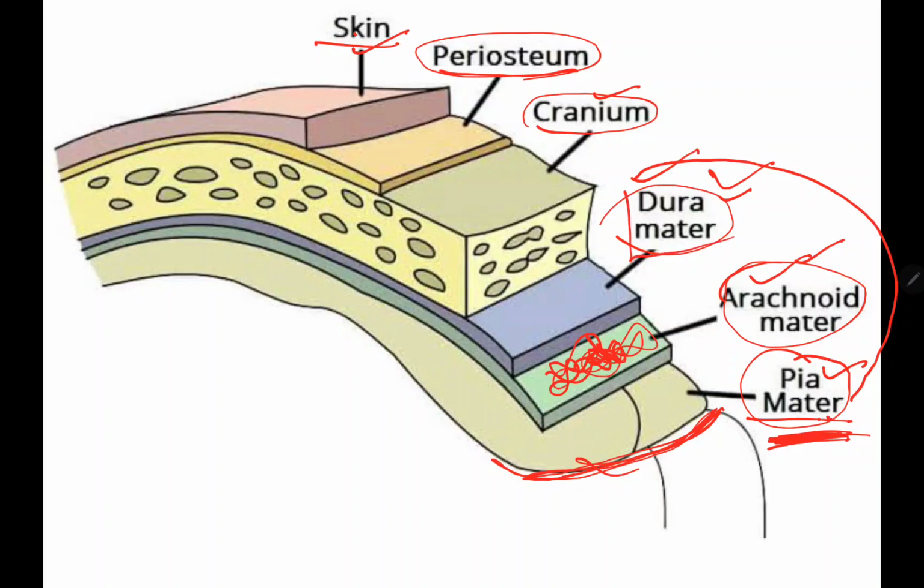See, just below the dura mater there is a little bit of space present. This space is called the subdural space, and this space is filled by a fluid called serous fluid.